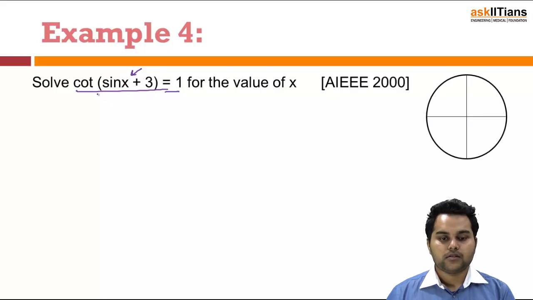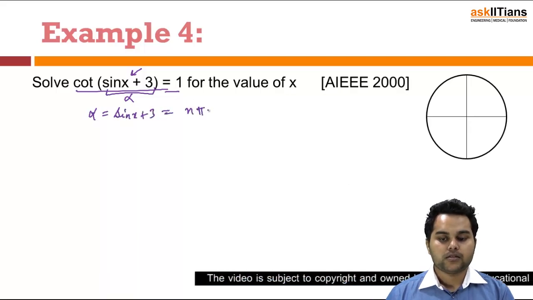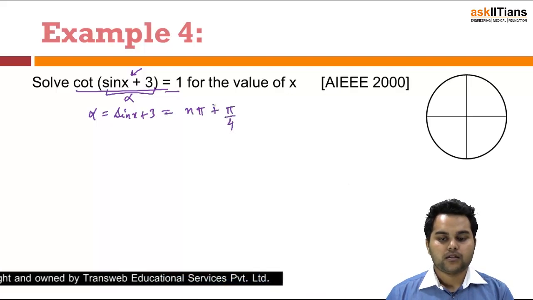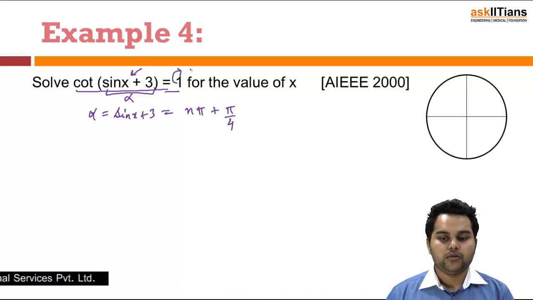So let this be just any value alpha. So cot of alpha is equal to 1 just for the instance. So I would get alpha, which is equal to sin x plus 3, being equal to n pi plus pi by 4, as this is equal to cot pi by 4.